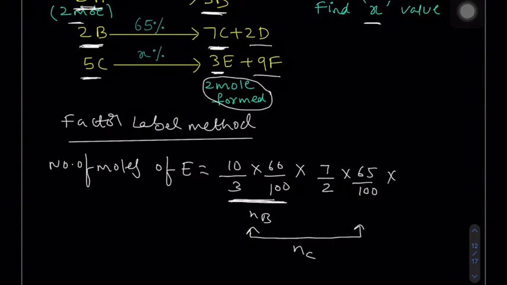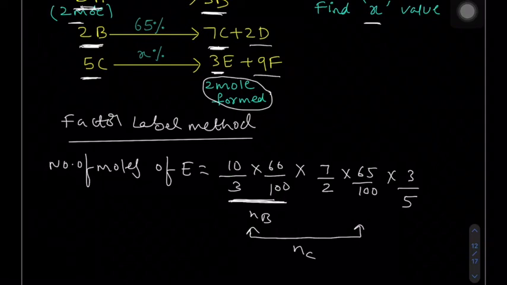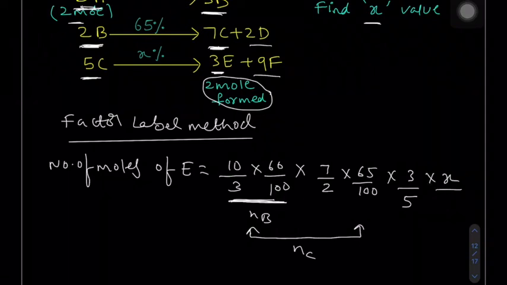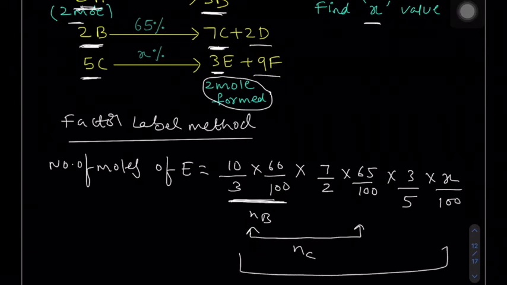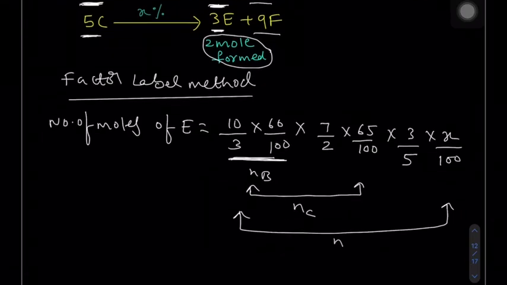That will be again 3 divided by 5. Are you getting my point? Here 3 divided by 5 into the percentage yield of the reaction, that is X%. So this will be the final number of moles of E.